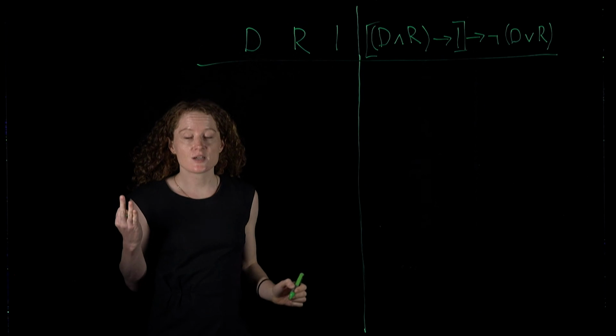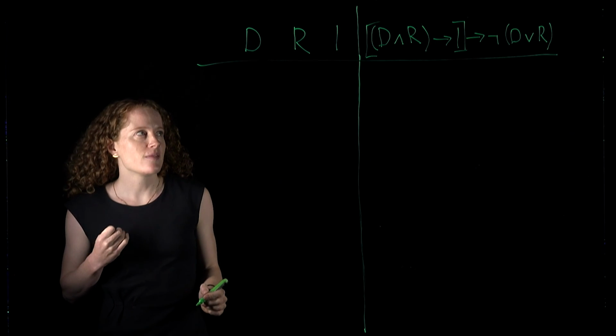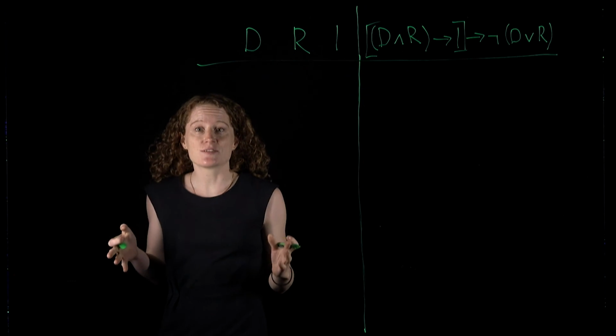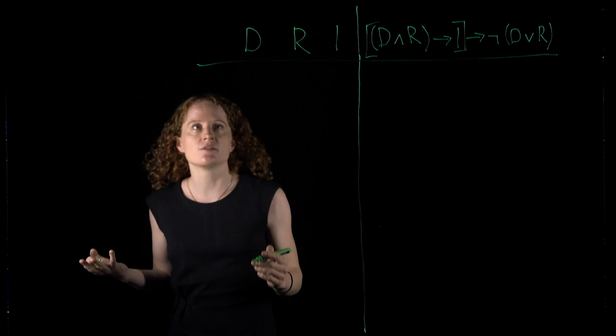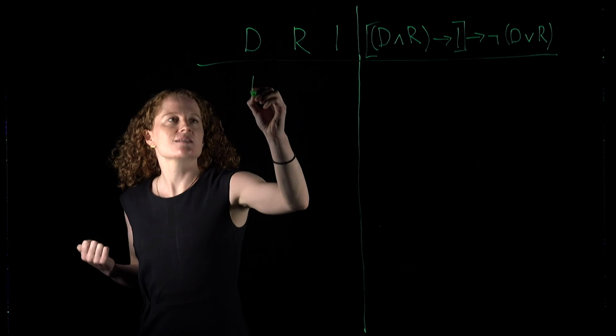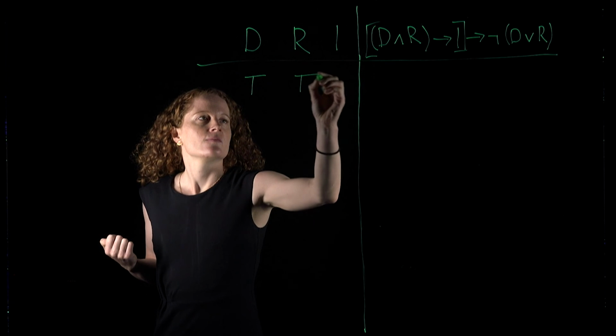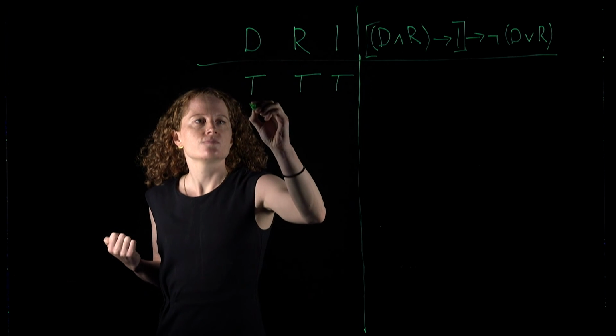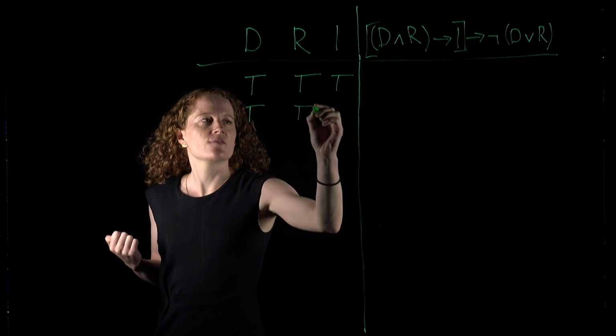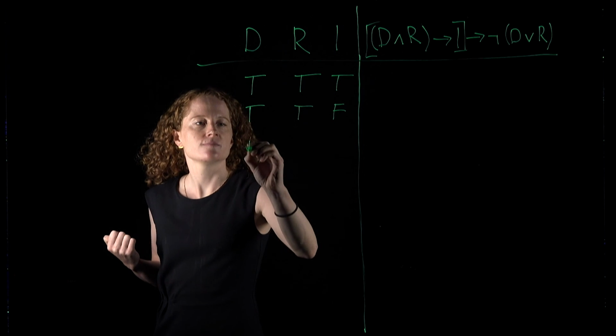Now with 3 atomic sentences, I know that my truth table is going to have 8 rows, one for each of the possible valuations. So let's start to fill this in. The 3 sentences could all be true, or one of the 3 sentences could be false.